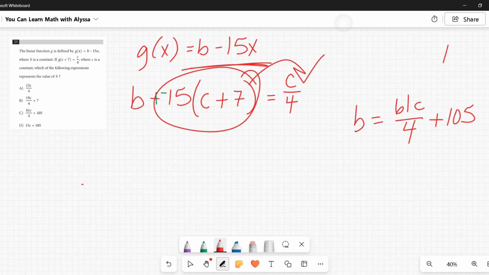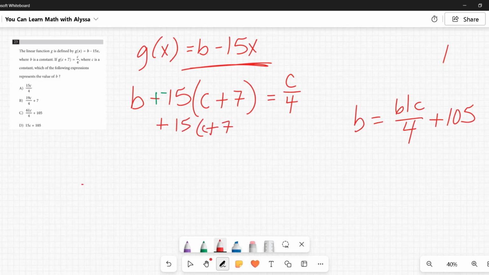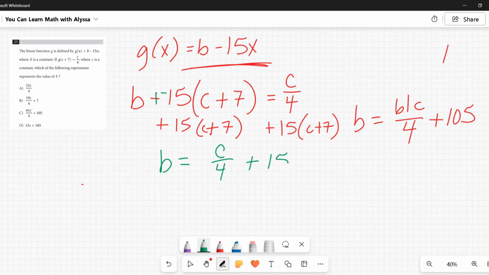Absolutely. Because it's plus a negative 15 times C plus 7, so you could do plus a positive 15 times C plus 7. And you could do that on both sides. And then you would have B equals C over 4 plus 15 times C plus 7. But as you see, that is not represented up here, so you would have to keep going.